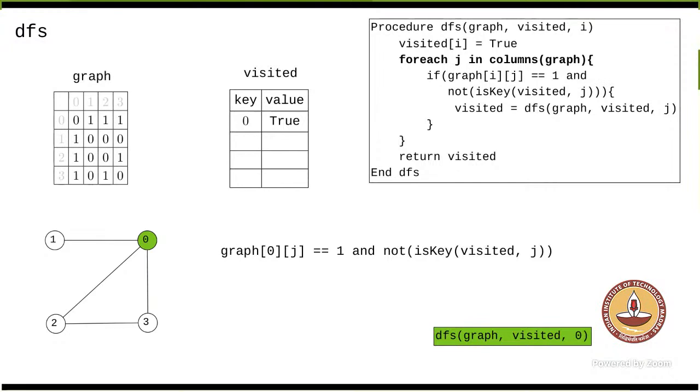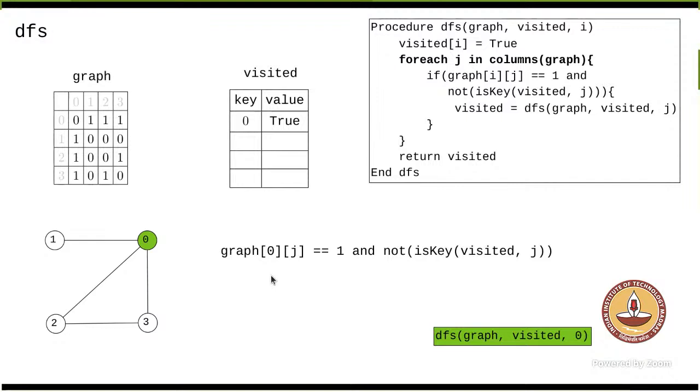Okay, it's in terms of column and row. Can you tell me in terms of the graph? It will iterate through all vertices. It will check whether we can reach from 0 to that particular node or not. Okay, that's right.